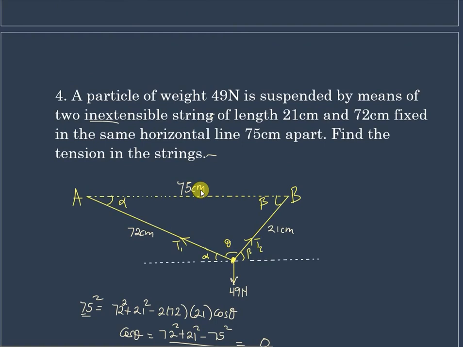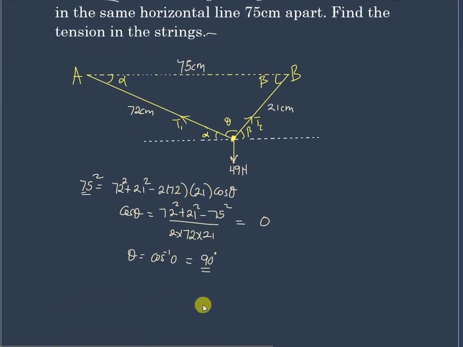We are going to make one assumption, assuming equilibrium. We are going to use Lami theorem. So we shall need to get this angle. We are going to get this angle so that we can use Lami theorem. And also we are going to need this angle also.